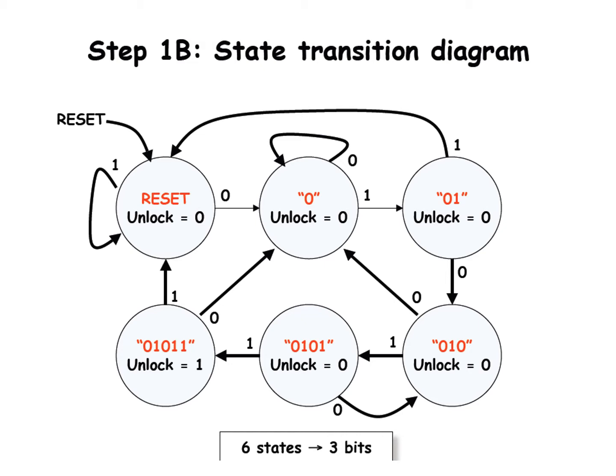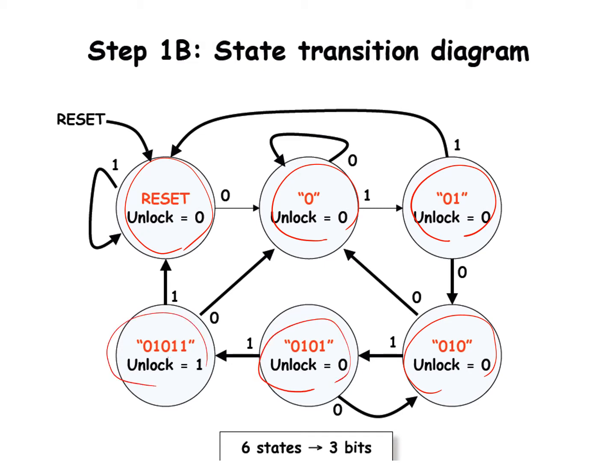We can make as many states as we want: first the reset state, then the key 0 state, then the 0 1 state, then 0 1 0, then 0 1 0 1, and then 0 1 0 1 1.